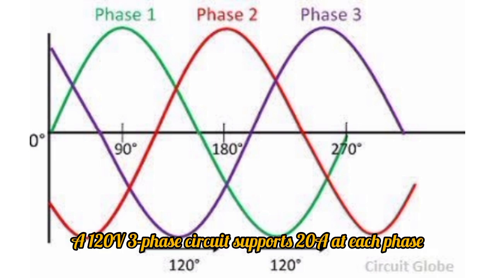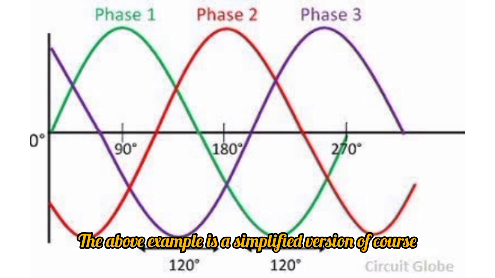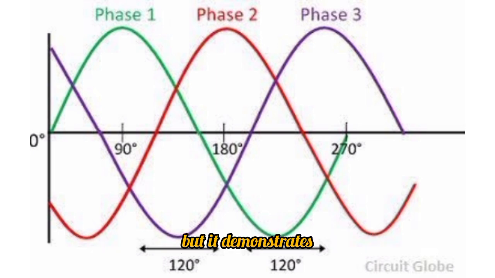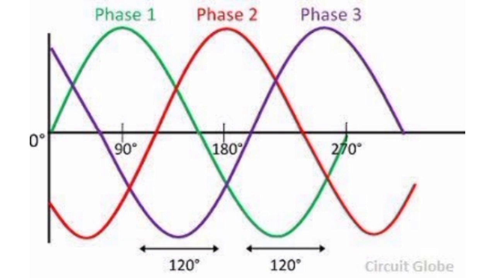A 120 volt, 3-phase circuit supports 20 amps at each phase. This gives us a formula of 120 volts times 20 amps times 1.732, which equates to 4157 watts. The above example is a simplified version of course, but it demonstrates how easy it is to calculate 3-phase power.